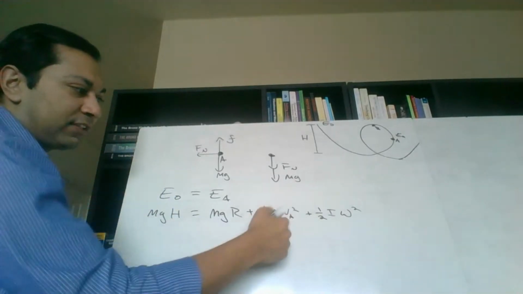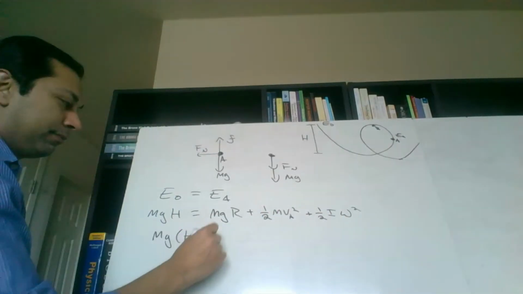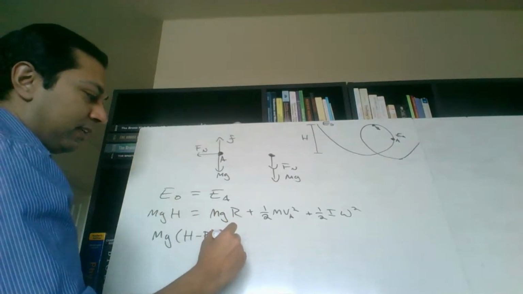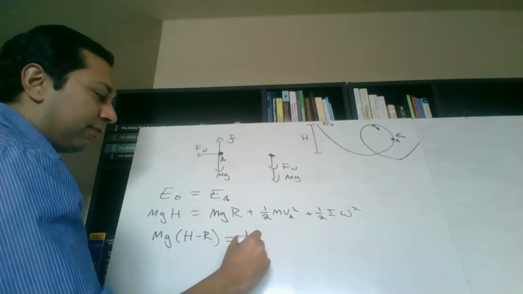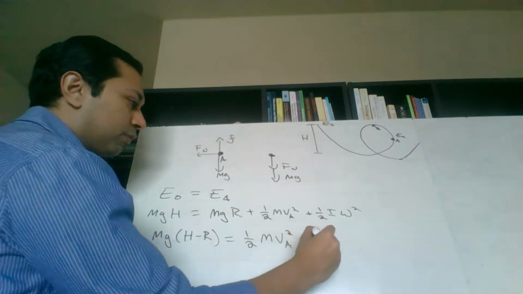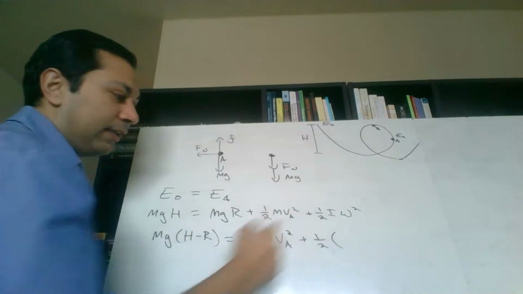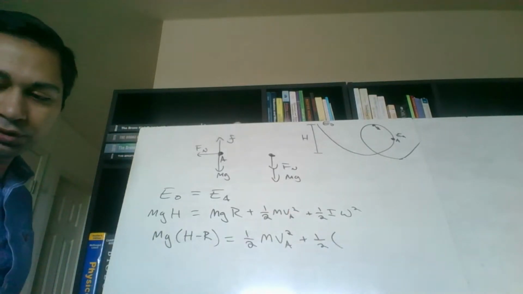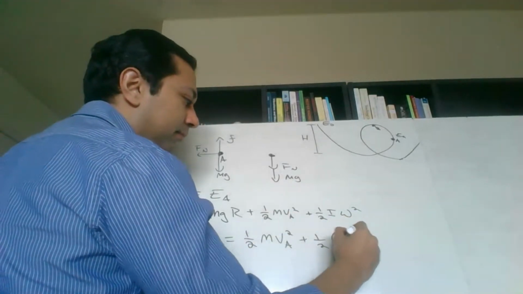And now we can replace omega with v over R. So I'm just bringing that to the other side, mgh is equal to 1/2 m v A squared plus 1/2 I, and I is equal to 2/5 m r squared.